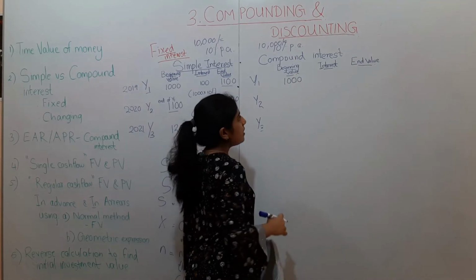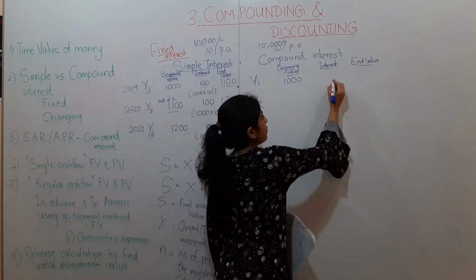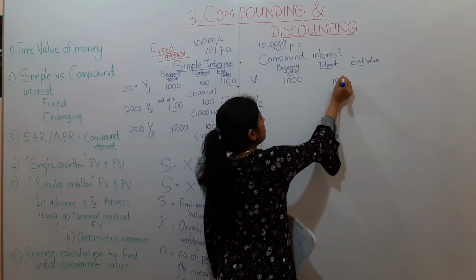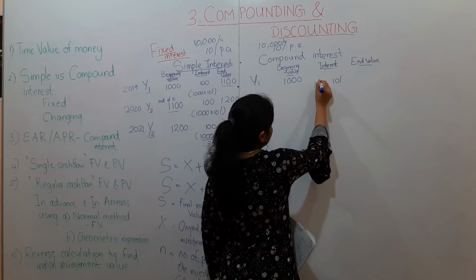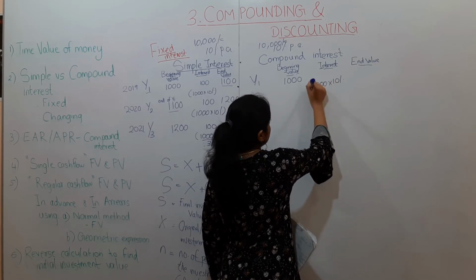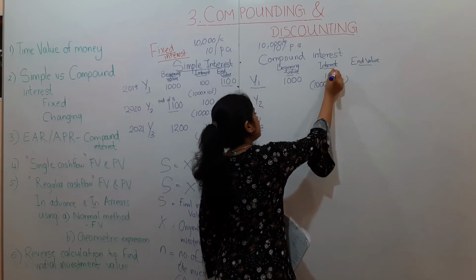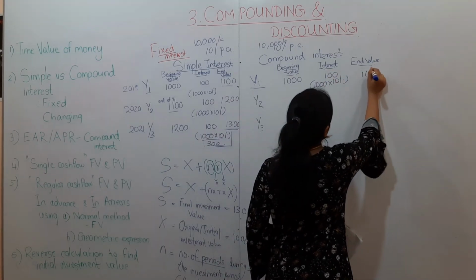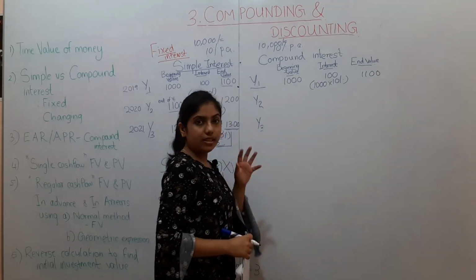Then at the end of the year, they will give us an interest rate of 10%. Since there's 1000 rupees only, we multiply it on the original investment value for the first year and get the ending value in year 1, which is 1100.